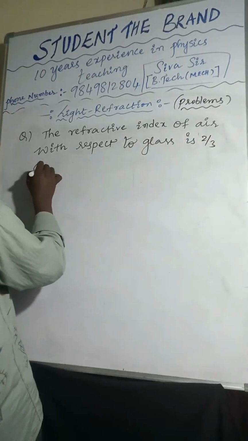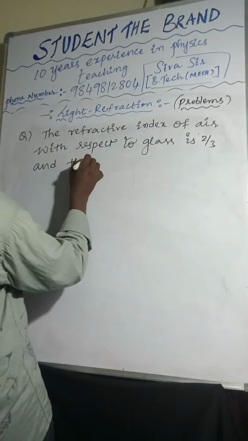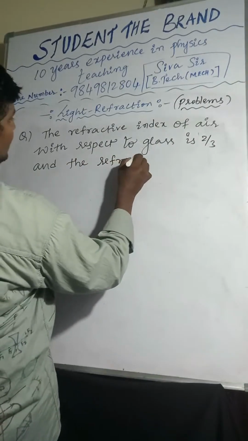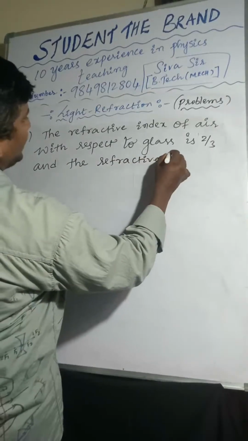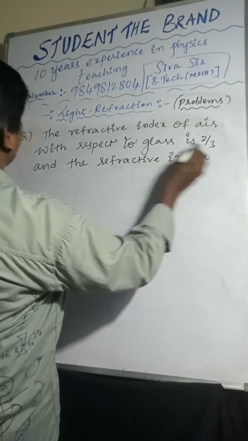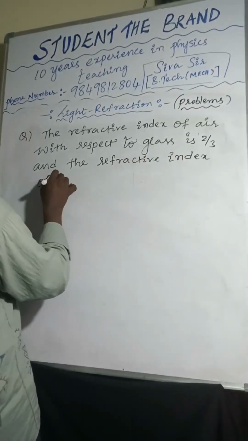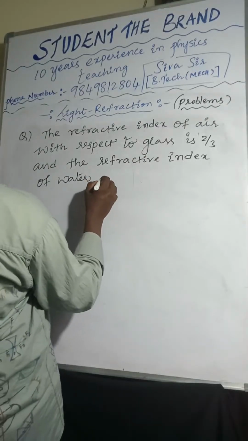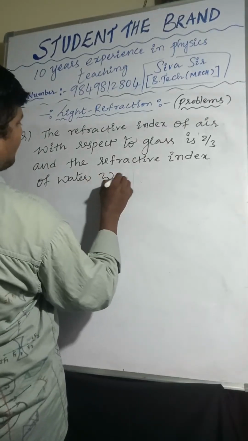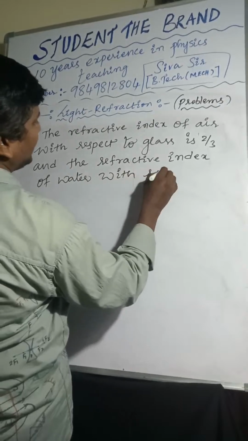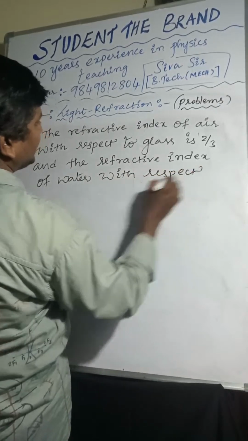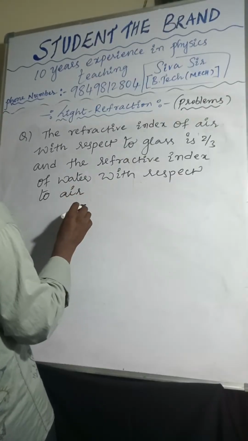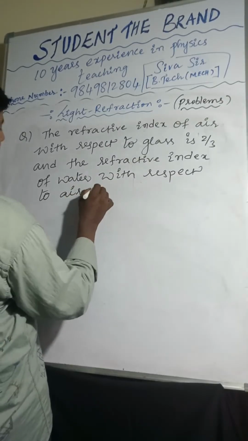And the refractive index of water with respect to air is 4/3.